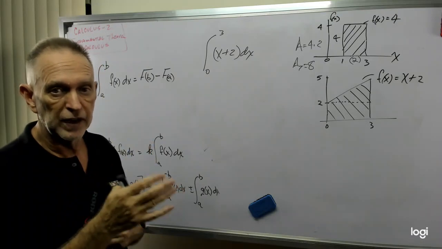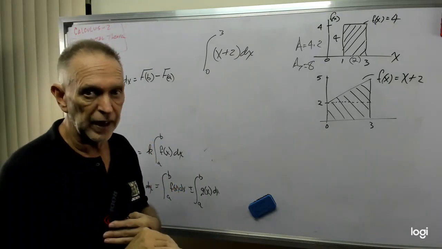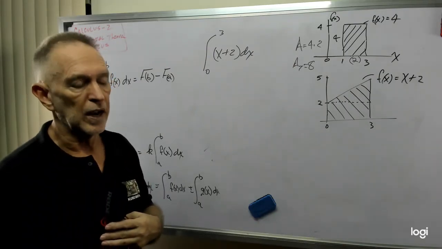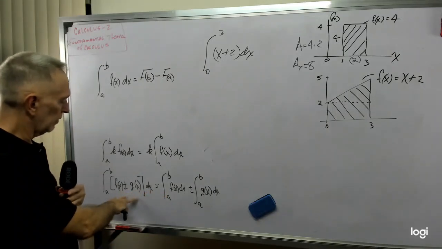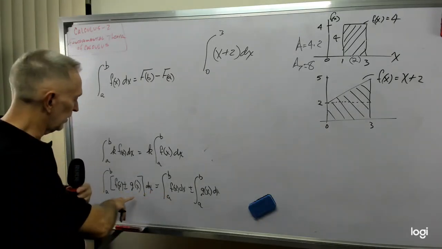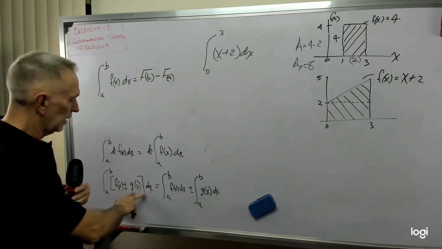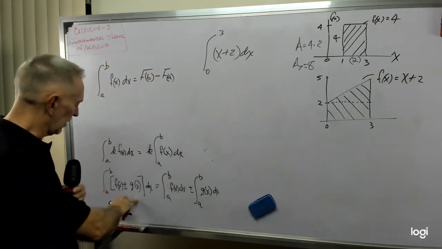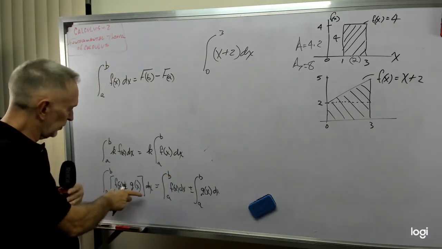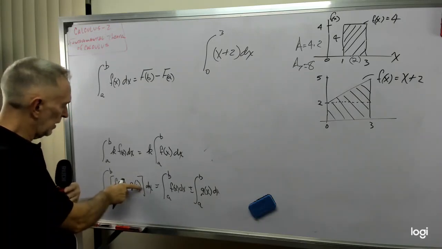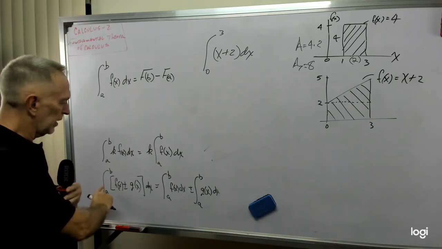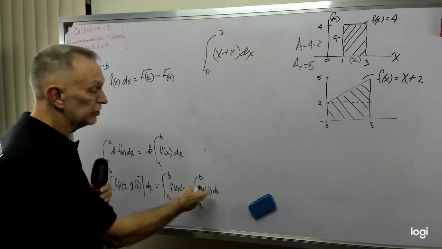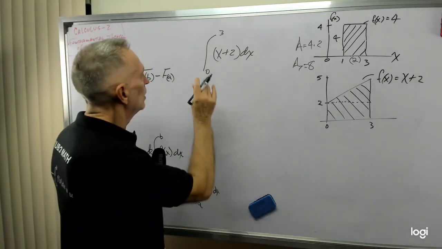So if I have f of x plus g of x, the derivative of that is the same as f prime of x plus g prime of x. Same here: the integral of the sum is the sum of the integrals, or the integral of a difference is the difference of the integrals. So you're taking f of x minus g of x as a difference and integrating it, which is the same as integrating each individual function and then subtracting them. Okay? All right, back to this guy.